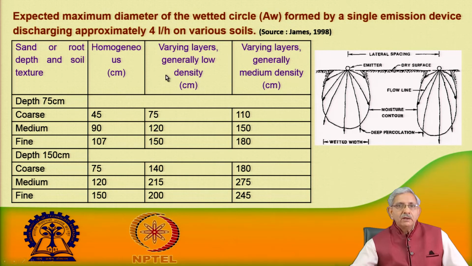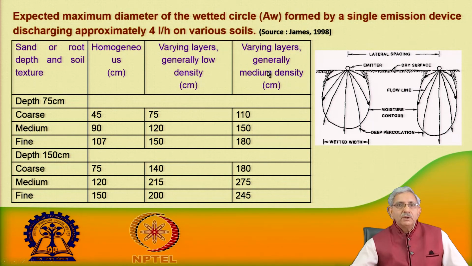In case of varying layers, the wetting bulb is of 75 centimeter diameter, and when it is varying layers generally having medium density, 110 centimeter. So, as we go for layered systems with medium density soil, the wetting bulb or wetting diameter Aw is more as compared to the other cases.